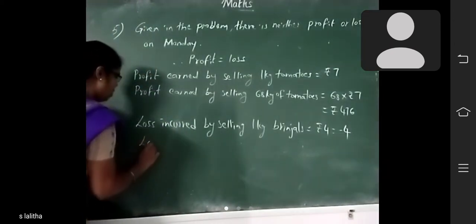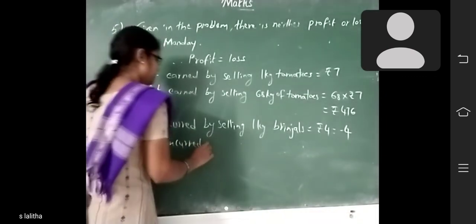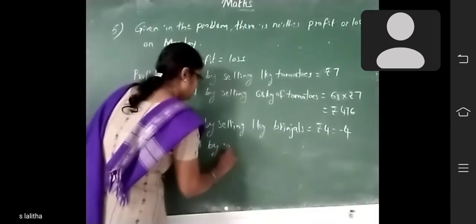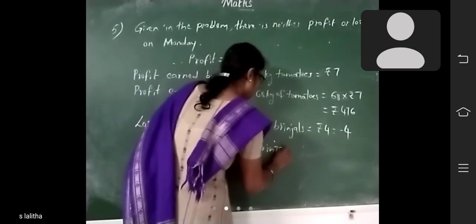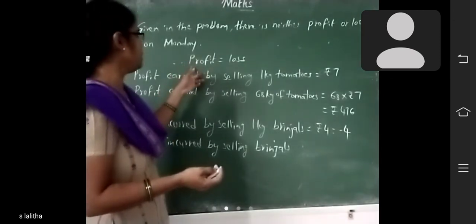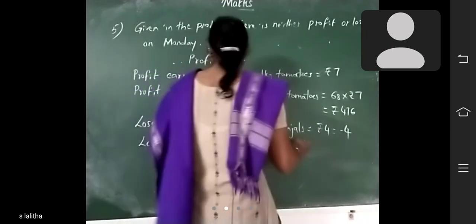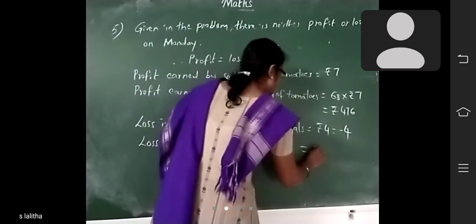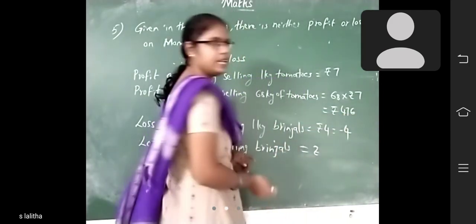And now loss incurred by selling brinjals. We don't know how many kgs of brinjals, but here what is given? Profit is equal to loss. Both are equal. So the loss incurred by selling brinjals is equal to the profit, 476 rupees.